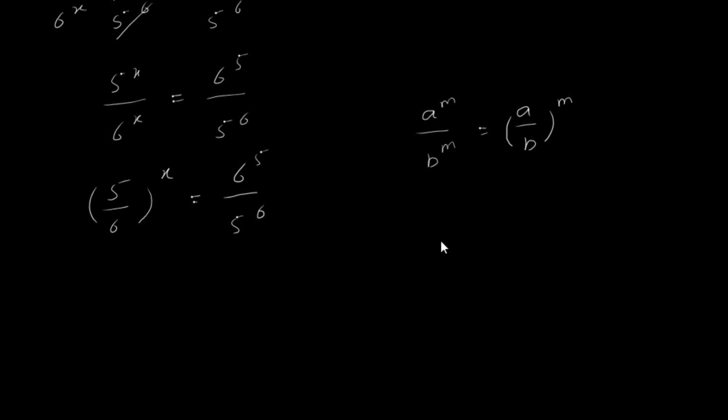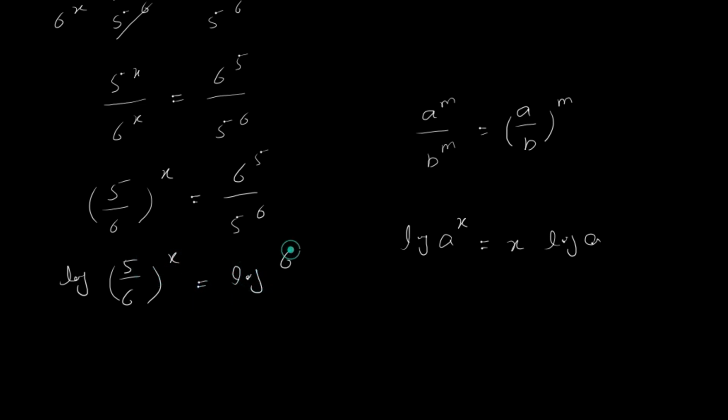Now we will apply a log rule here. We know that log of a^x can be written as x times log of a. Taking log on both sides, log of (5 over 6) whole power x is equal to log of 6^5 over 5^6.